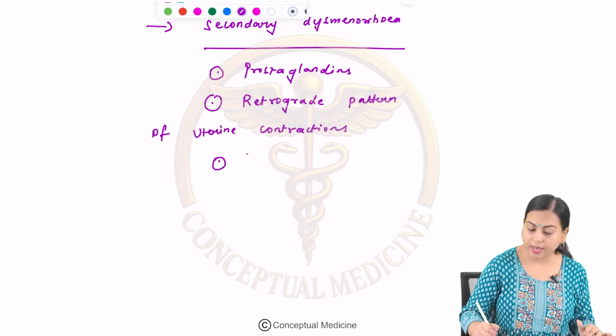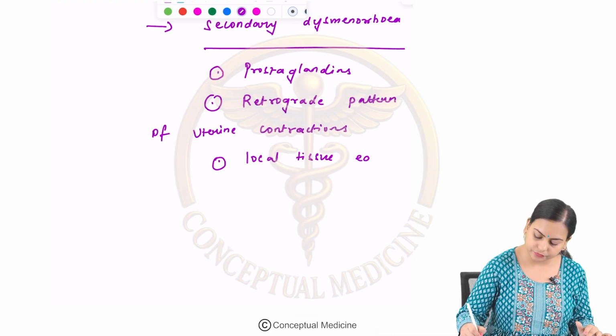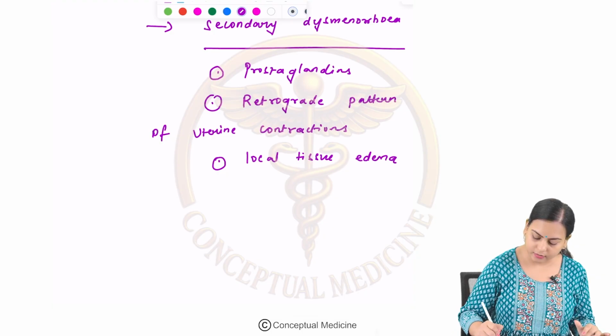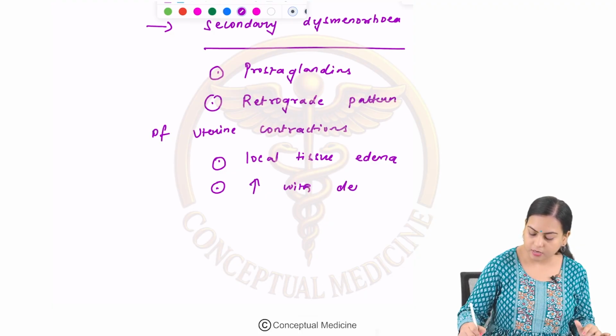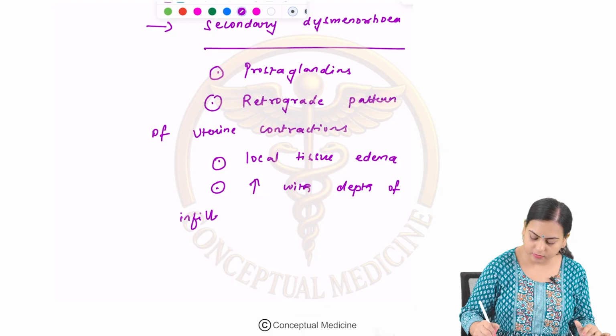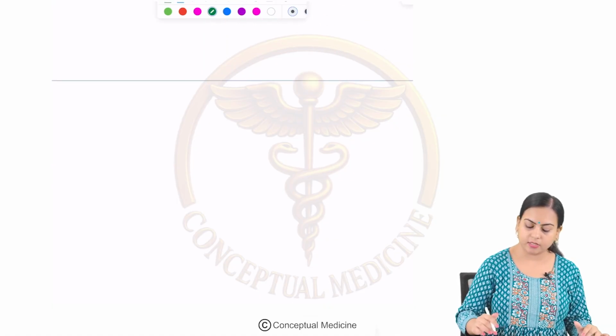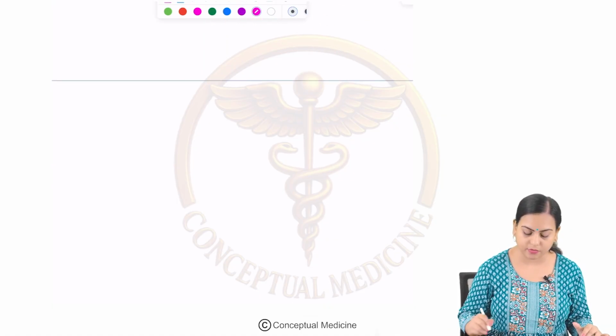It can happen due to local tissue edema. Then it increases with depth of infiltration. Right. And other than this, it can also present with heavy menstrual bleeding.